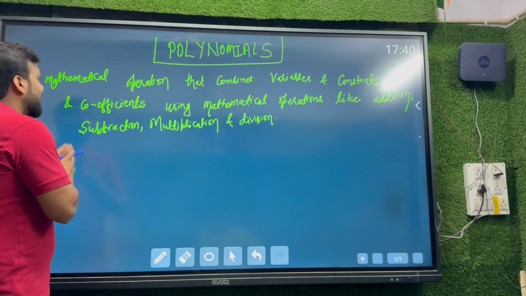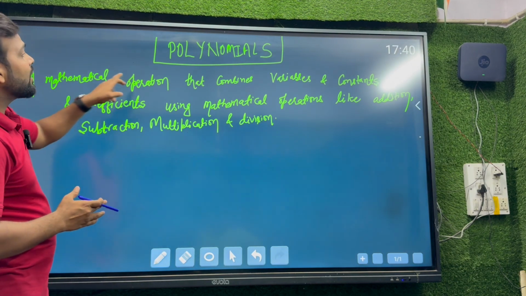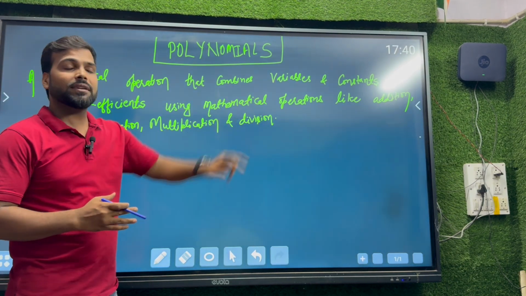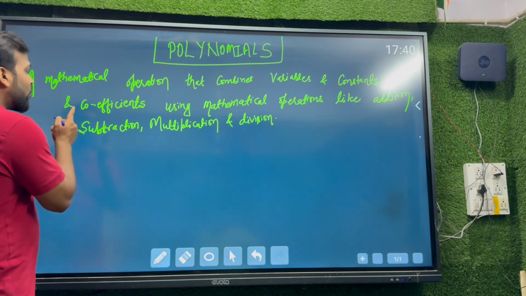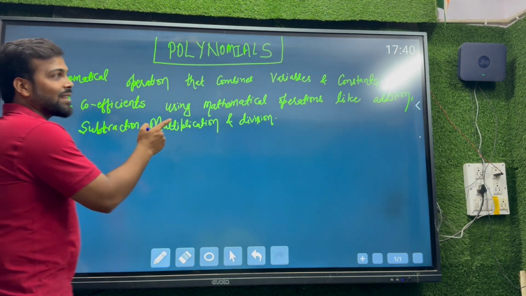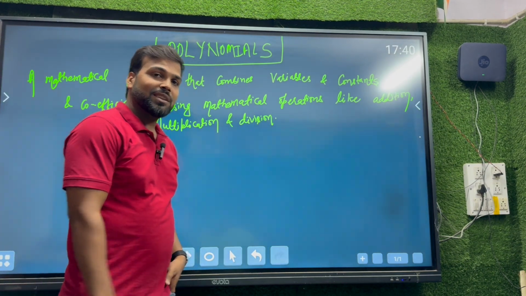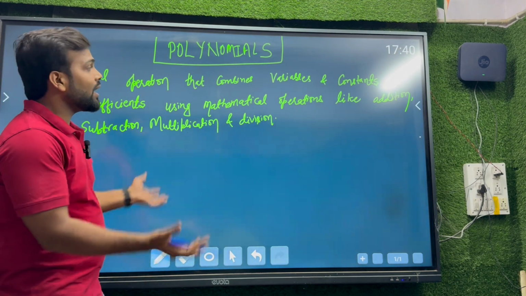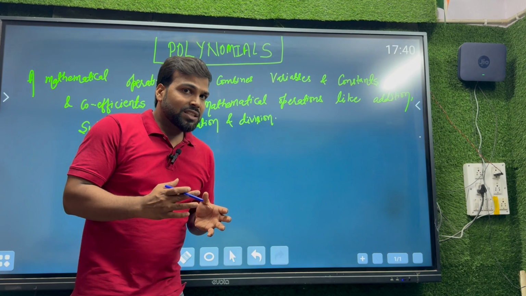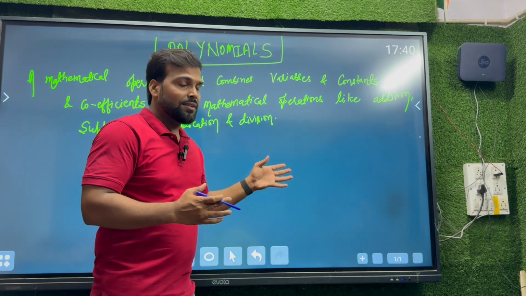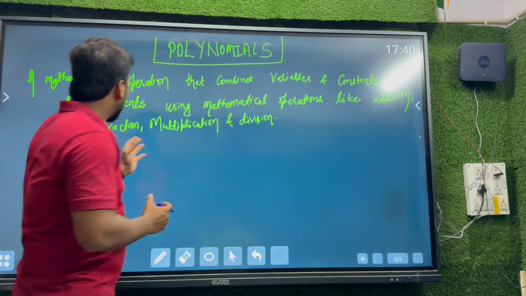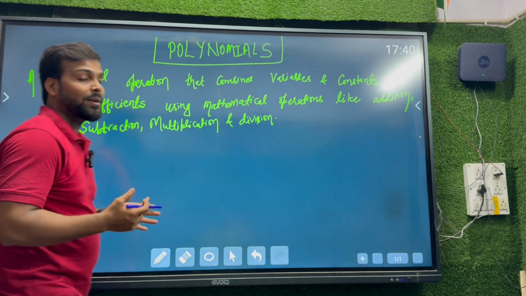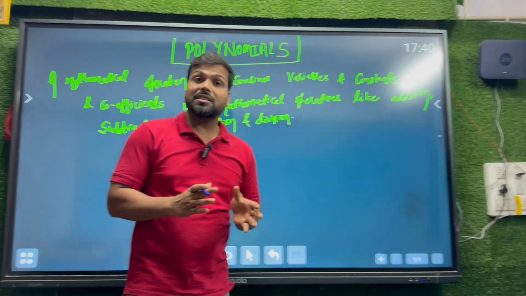Basically, look at the board. It is a mathematical operation that combines variables, constants and coefficients using mathematical operations like addition, subtraction, multiplication, and division. So when we combine coefficients with constants and variables together with some mathematical operations like addition, subtraction, multiplication, and division, this gives us a polynomial.